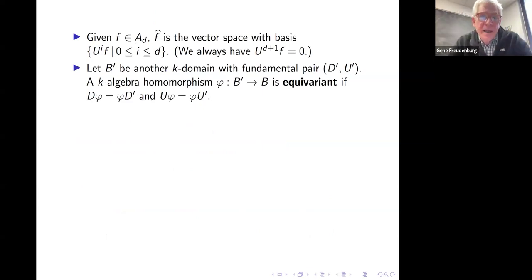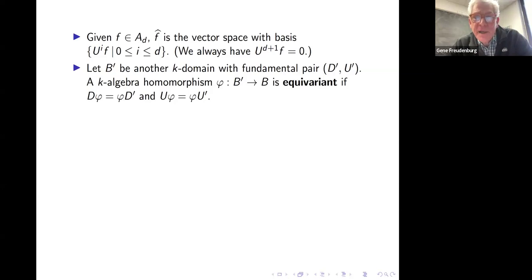So if I take a homogeneous element of the kernel, then I write this notation F hat to represent the vector space with the basis given by the powers of U applied to F. I only need powers from 0 to d because we always have the d plus first power going to 0, as in this case.